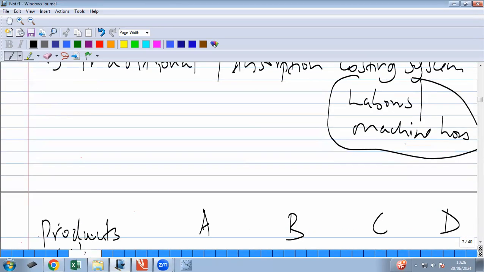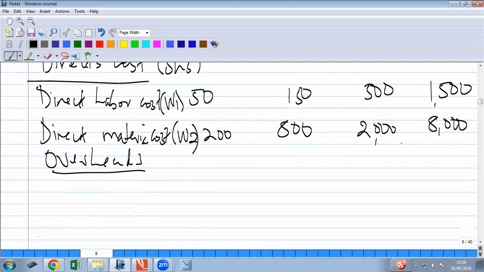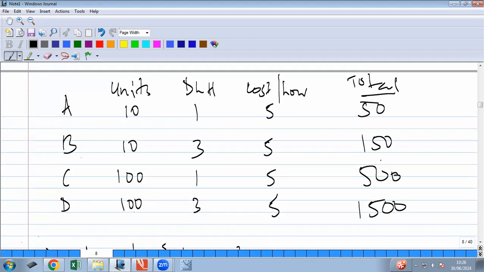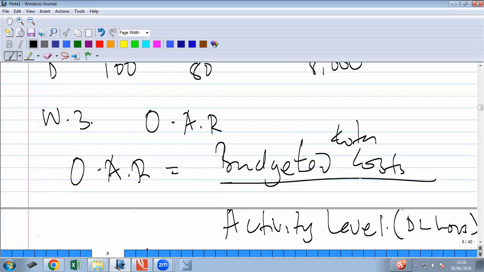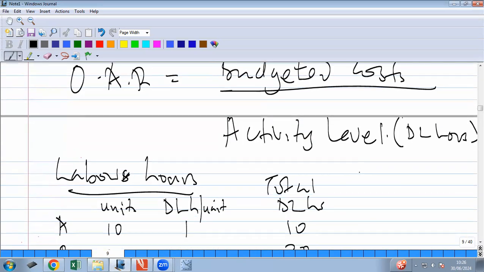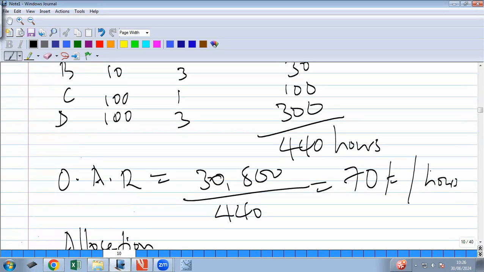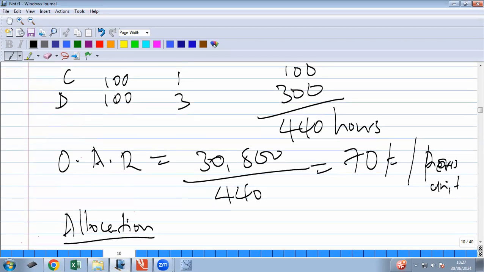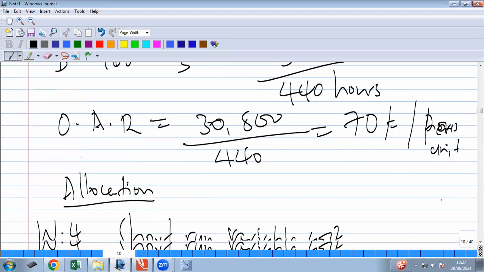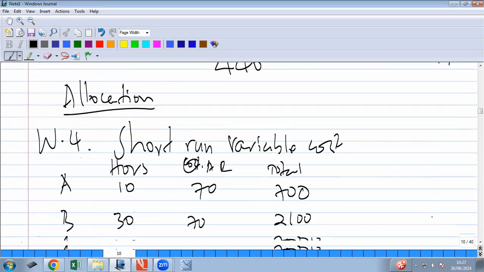This one here is per unit, not per hour, because we have already estimated the hours. We already know the cost per hour. This is per unit as the overhead absorption rate.